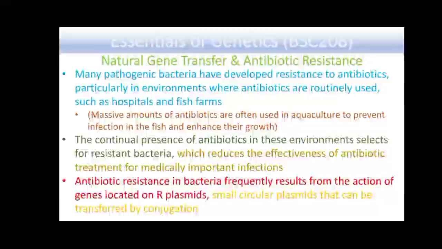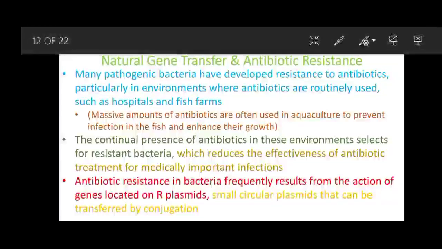So next is the natural gene transfer and antibiotic resistance. Many pathogenic bacteria have developed resistance to antibiotics, particularly in environments where antibiotics are routinely used, and these environments are hospitals and fish farms.